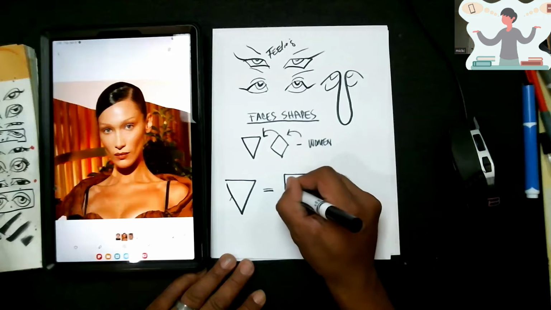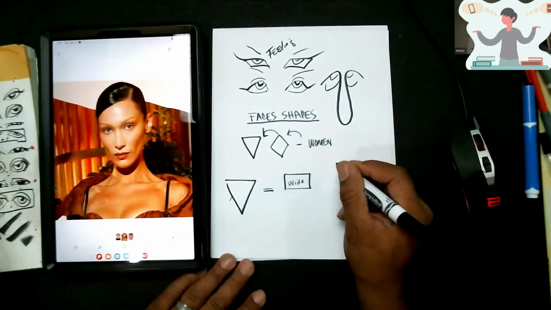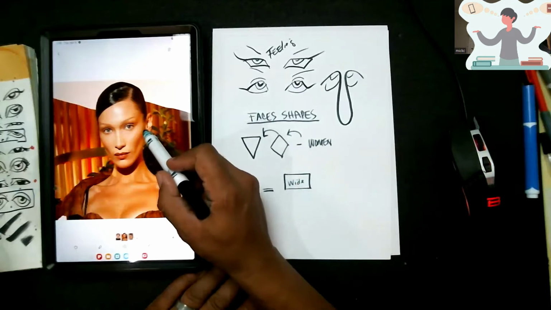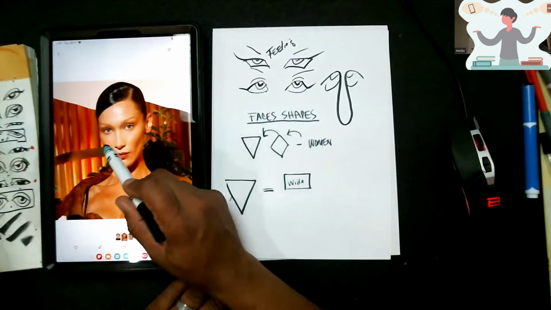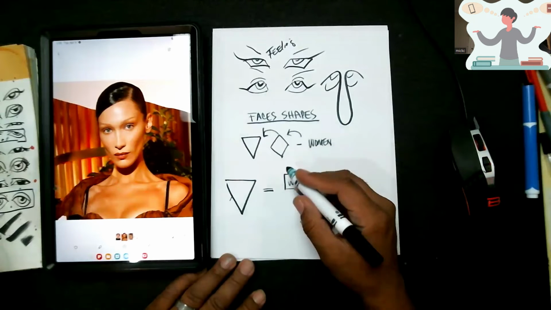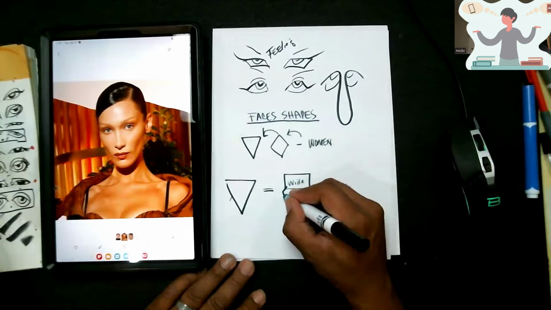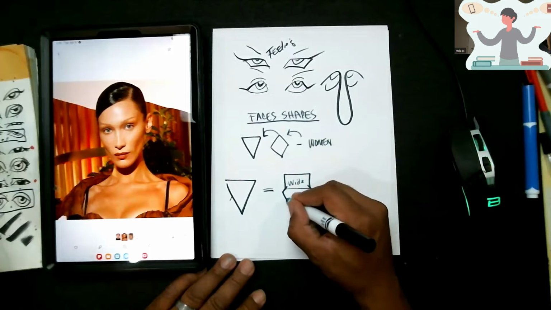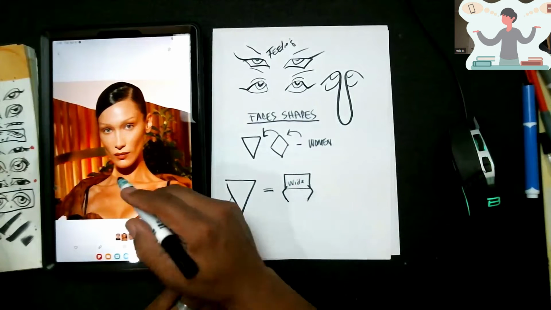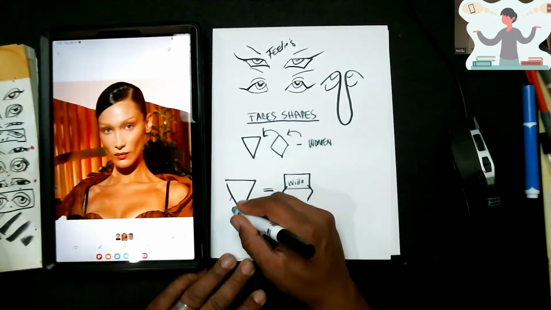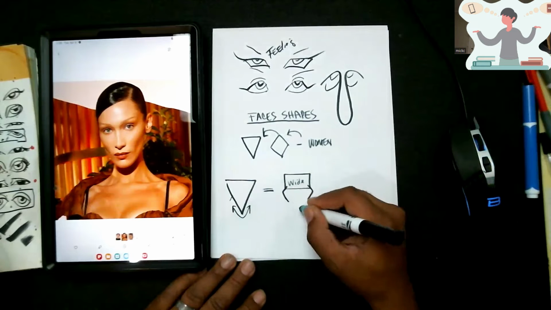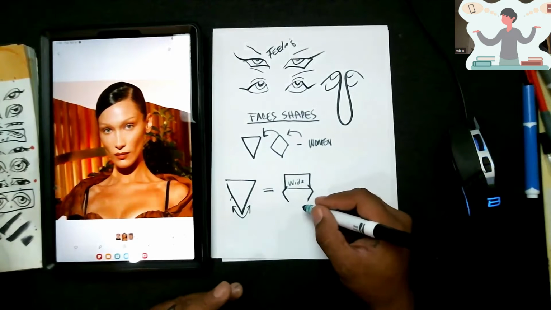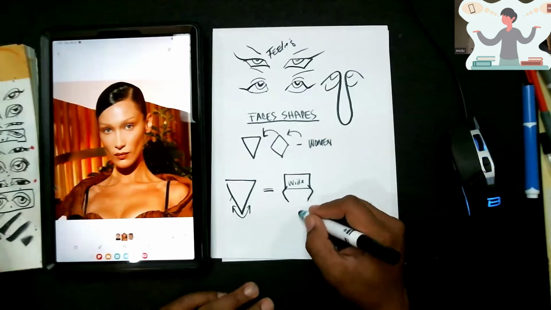I want to make three different shapes here. One, they're going to have strong cheekbones. You see the cheekbones and how strong they are on her face? That means her cheekbones are going to normally go outside of that shape and protrude outwards. Then you're going to have a tapered or V shape, or we could just call it a tapered chin shape.